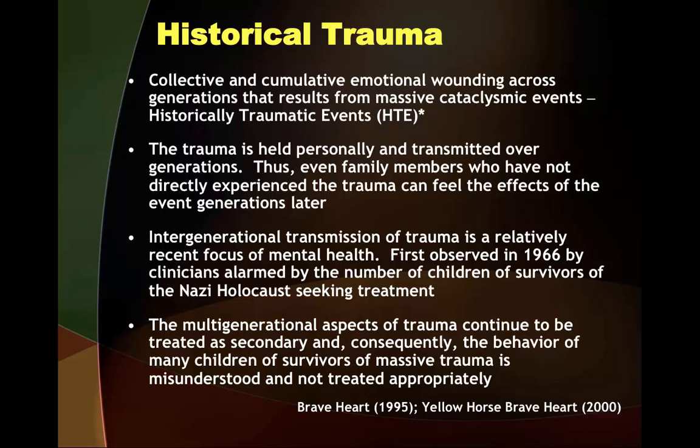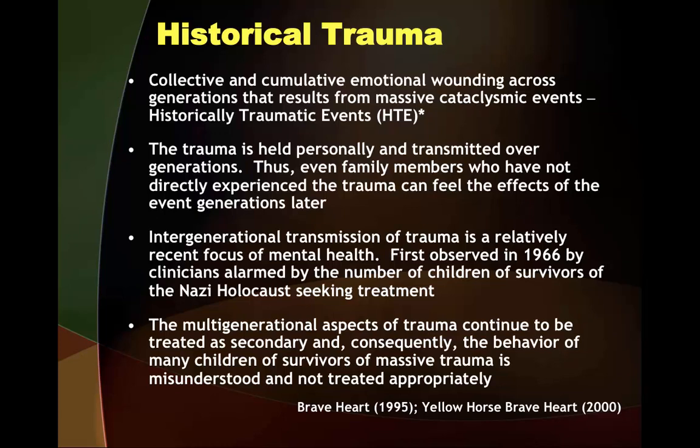Intergenerational transmission of trauma is relatively new, and it really gained momentum, and the foundation of it began in the 1960s by clinicians who were serving children of survivors of the Holocaust and were seeking treatment.